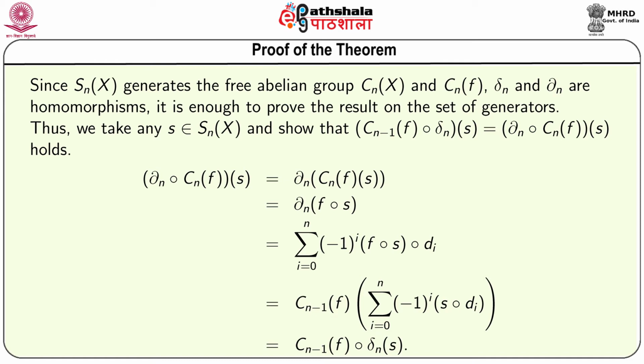But that is the same thing as Cn minus 1 f operated on the element summation, i equal to 0 to n, of minus 1 to the power of i, S composed d i. Whatever is written inside the brackets is actually delta n S. So, what we get is del n compose Cn f operated on S is equal to Cn minus 1 f compose delta n operated on S.